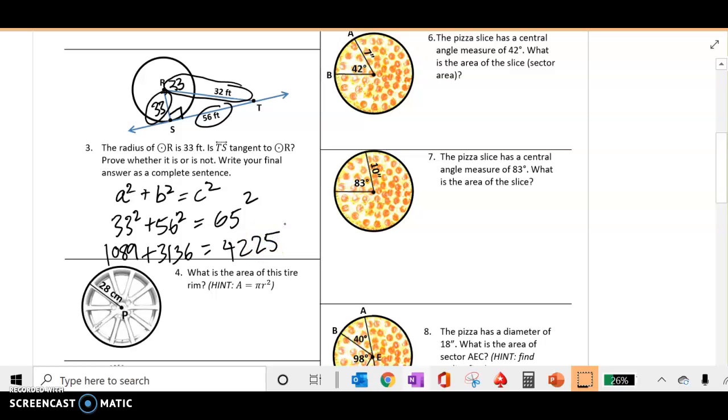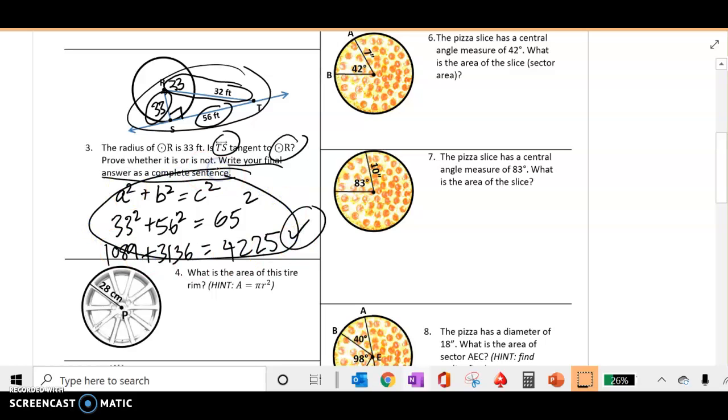So let's see if those add up. 1089 plus 3136. Yep, that does check out. So since that does check out, this is a right triangle, which means that TS is tangent to it. It says write your final answer as a complete sentence. That's what you would write. You would say TS is tangent to that circle. Why? Because it has to be by definition, because that's a right triangle.